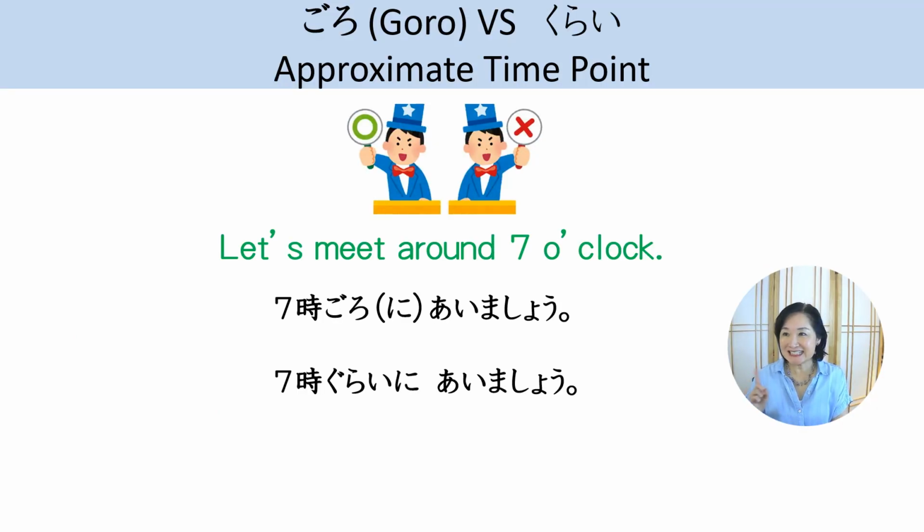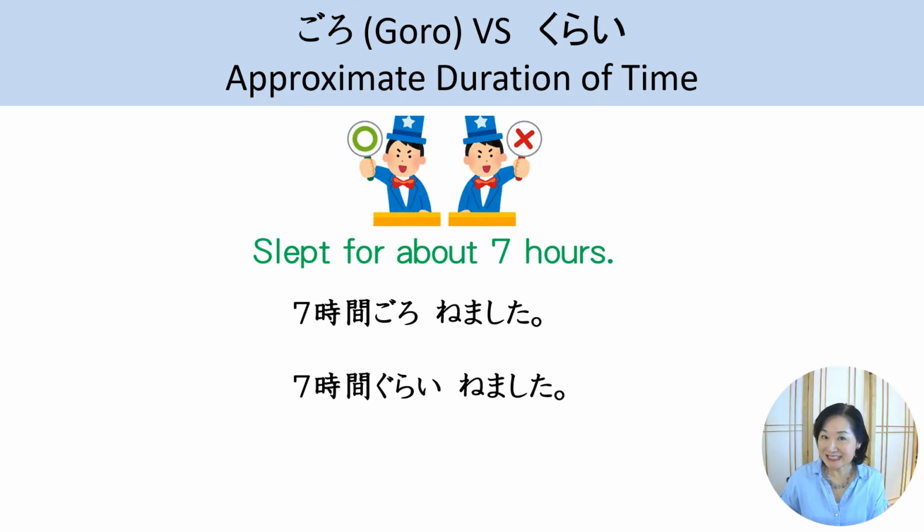Alright, let's check. Are these sentences grammatically correct or incorrect? 7時ごろ会いましょう。7時ぐらいに会いましょう。They're both correct. How about these two sentences? 7時間ごろ寝ました。7時間ぐらい寝ました。7時間ごろ doesn't make any sense.